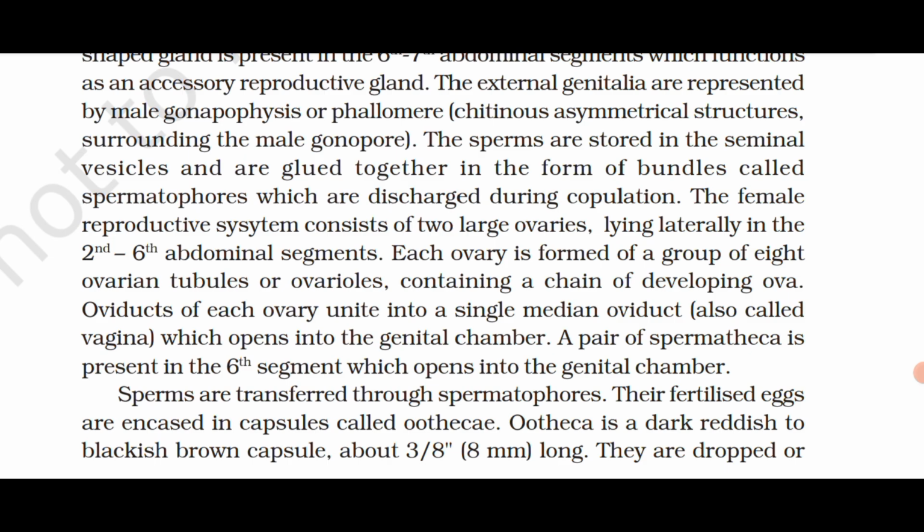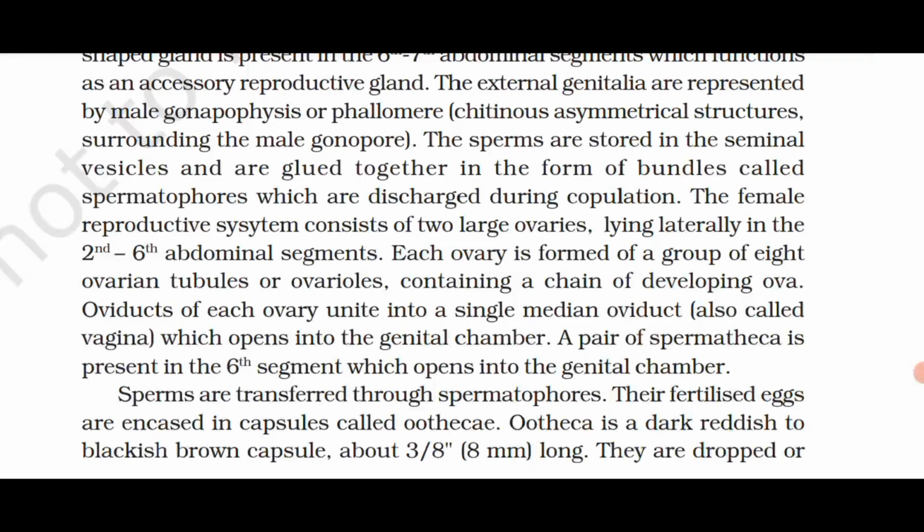are discharged during copulation. The female reproductive system consists of two large ovaries lying laterally in the second to sixth abdominal segments. Each ovary is formed of a group of 8 ovarian tubules or ovarioles containing a chain of developing ova.